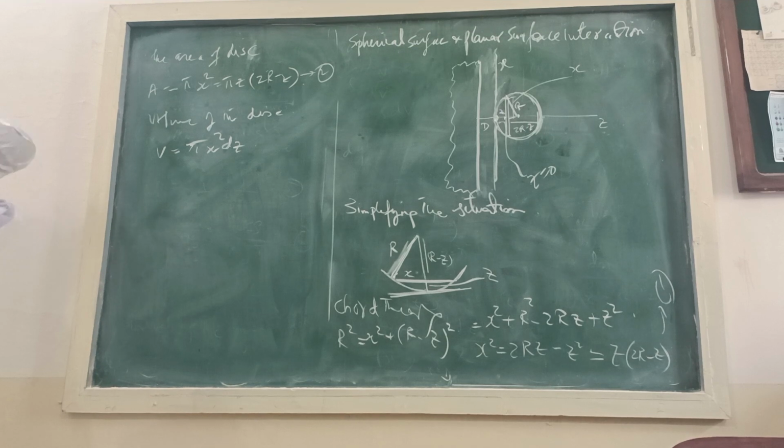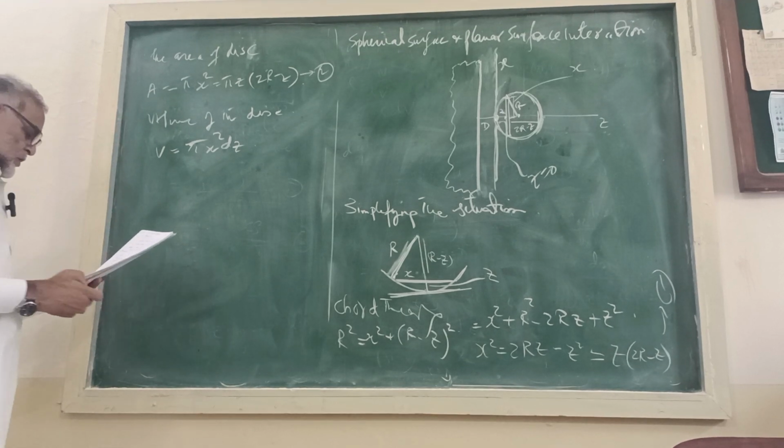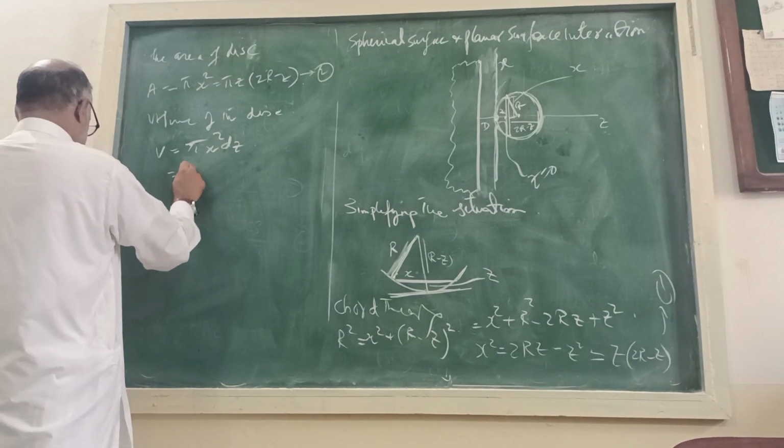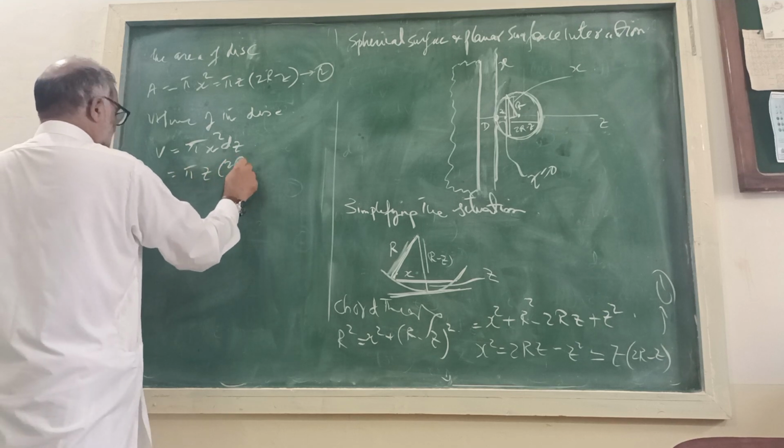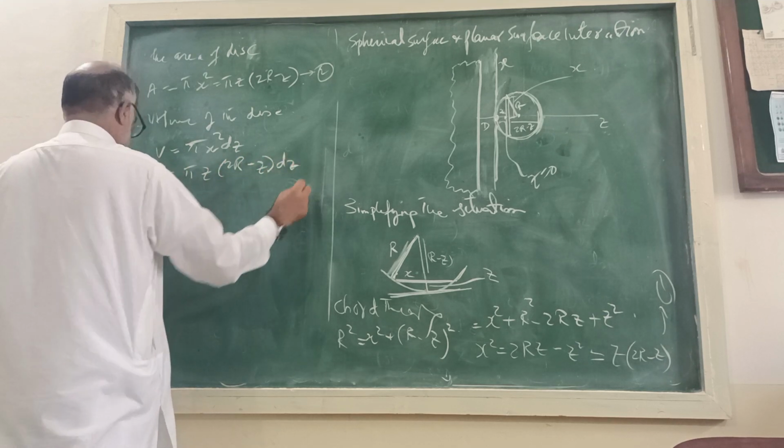So the volume will be equal to pi z (2r minus z) dz.